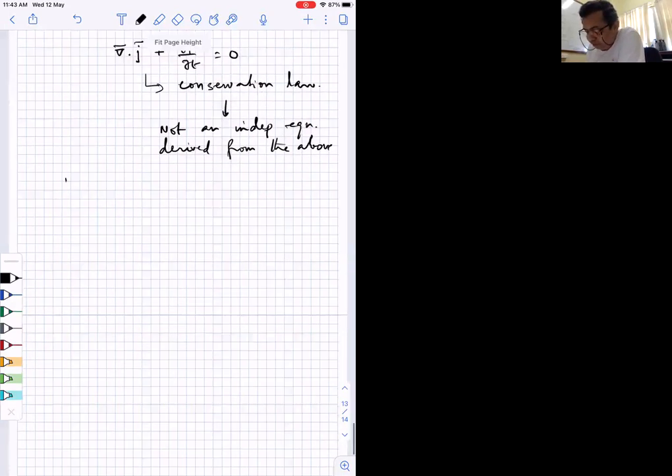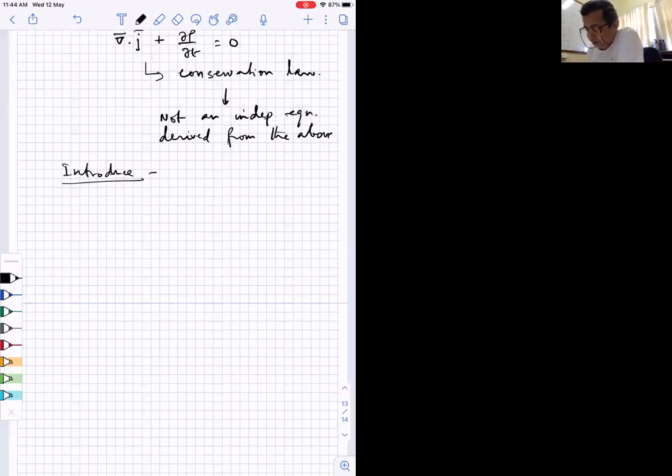I'm just writing all these things to be complete over here. So one of them, of course, is given by this equation. We introduce the vector potential, and we have the scalar potential. So these are two potentials.